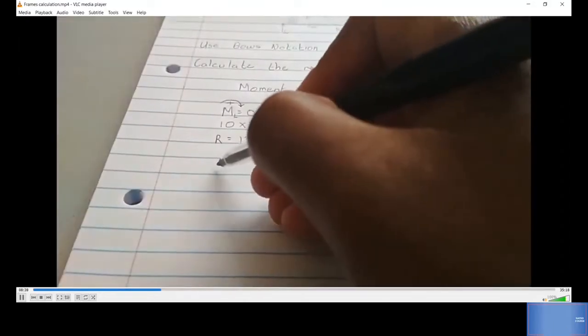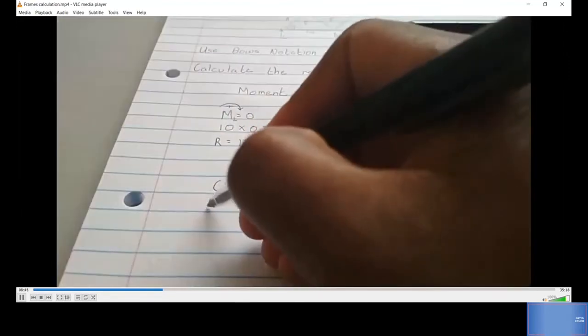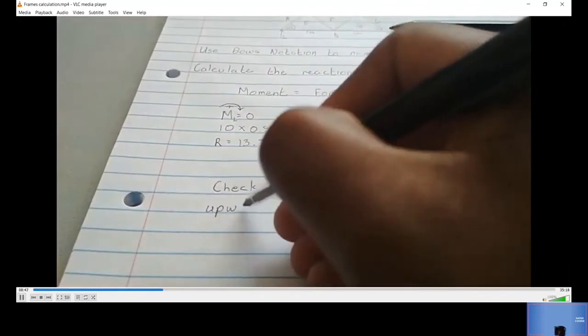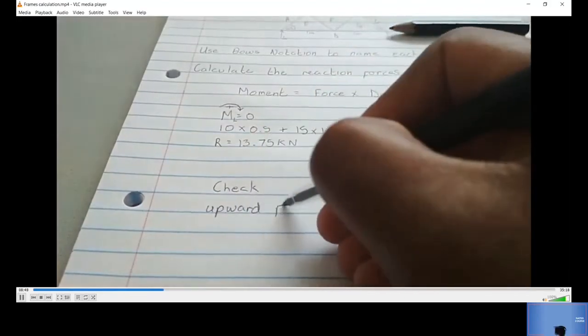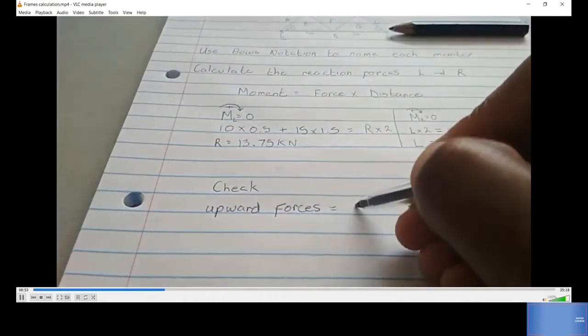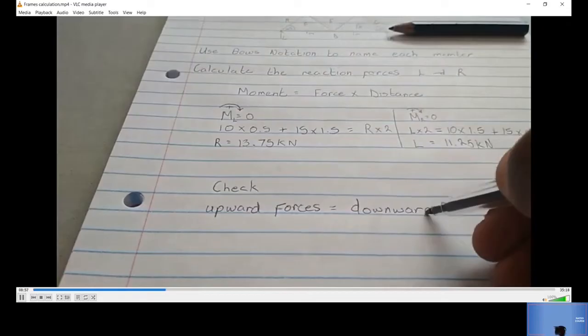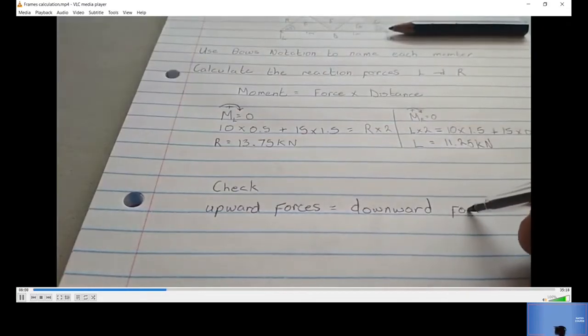You need to do a check just to make sure that your answers are correct. So you will say check. Now you're checking that the upward forces are equal to the downward forces.